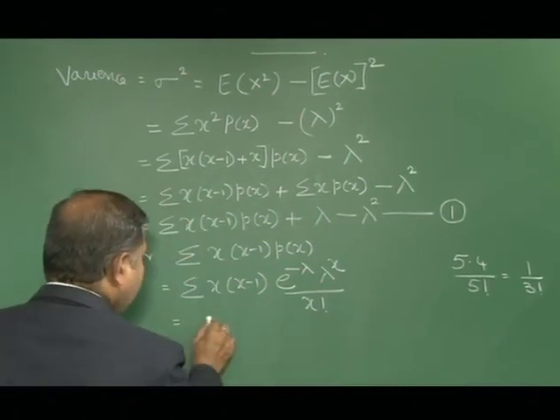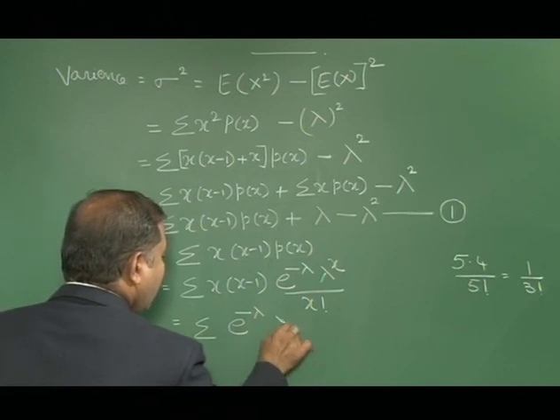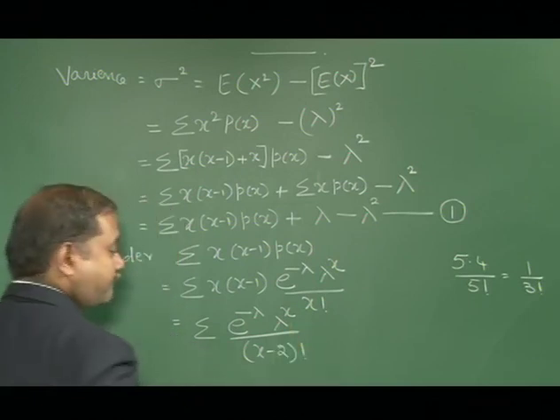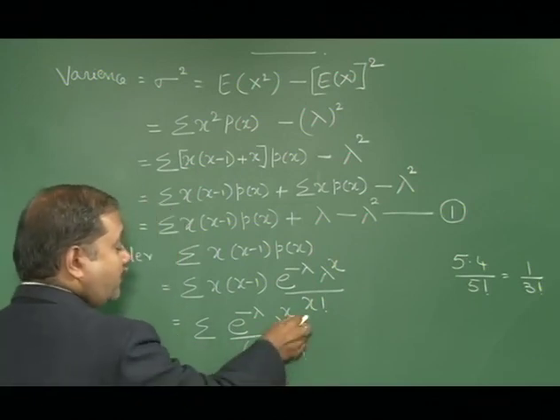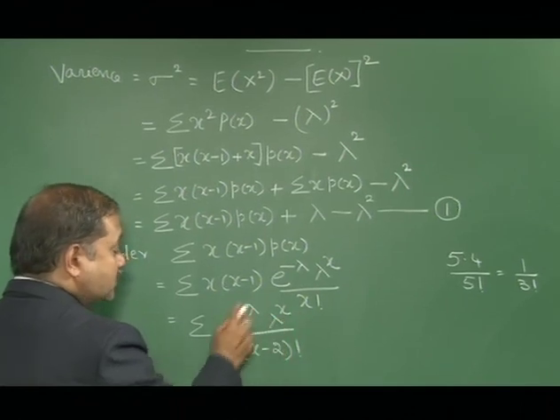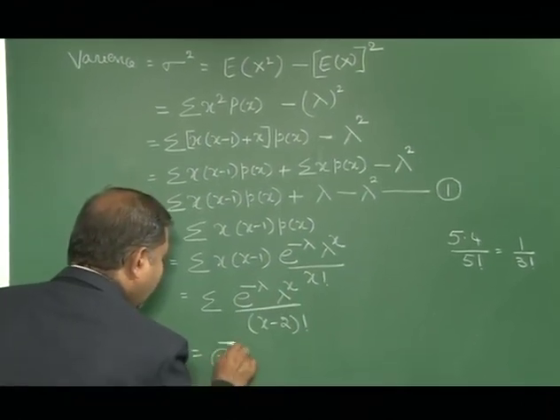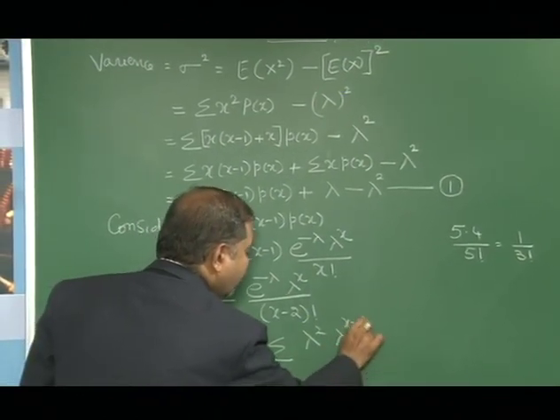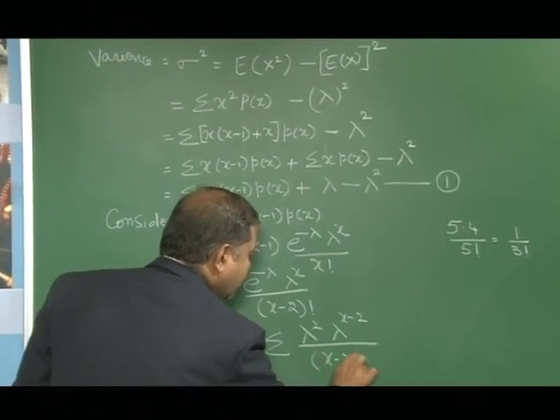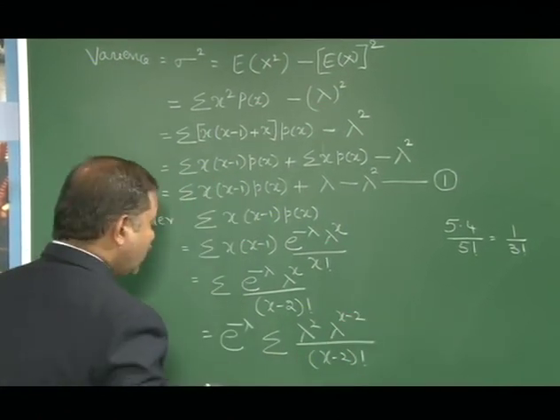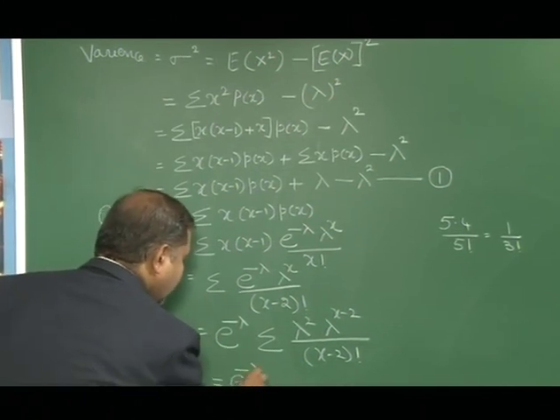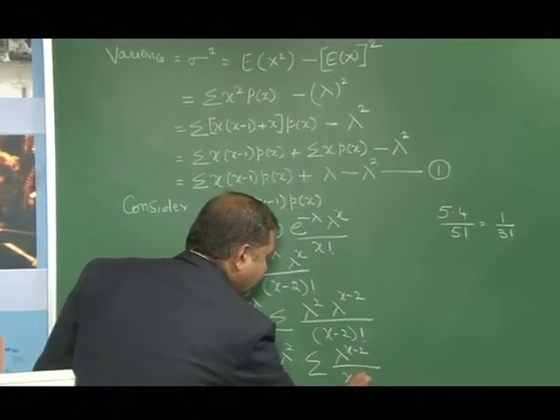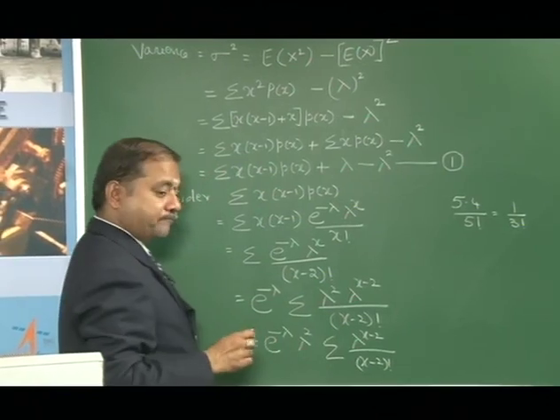Like that, summation e power minus lambda, lambda power x by x minus 2 factorial. Here x minus 2, I should have here also x minus 2. So lambda square, that means e power minus lambda outside, lambda square, lambda power x minus 2 by x minus 2 factorial. So this is e power minus lambda, lambda square, summation lambda power x minus 2 by x minus 2 factorial.